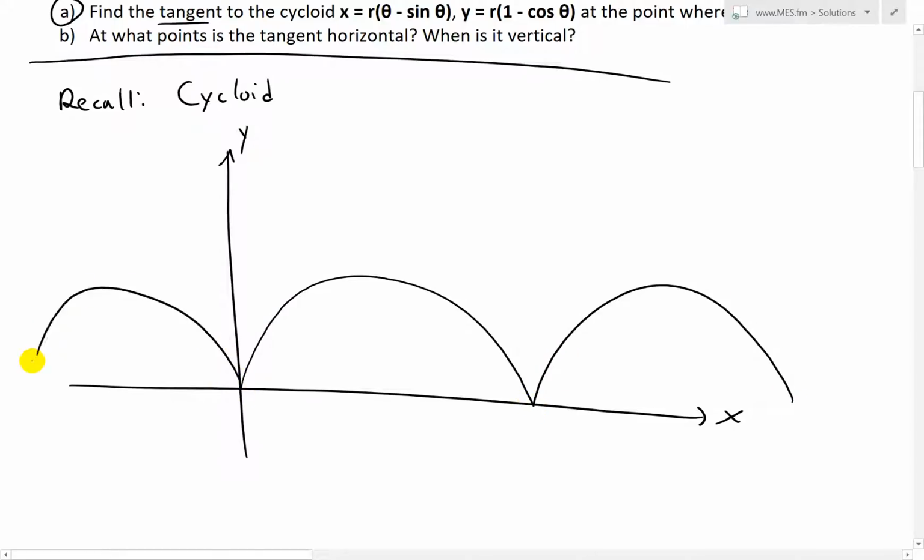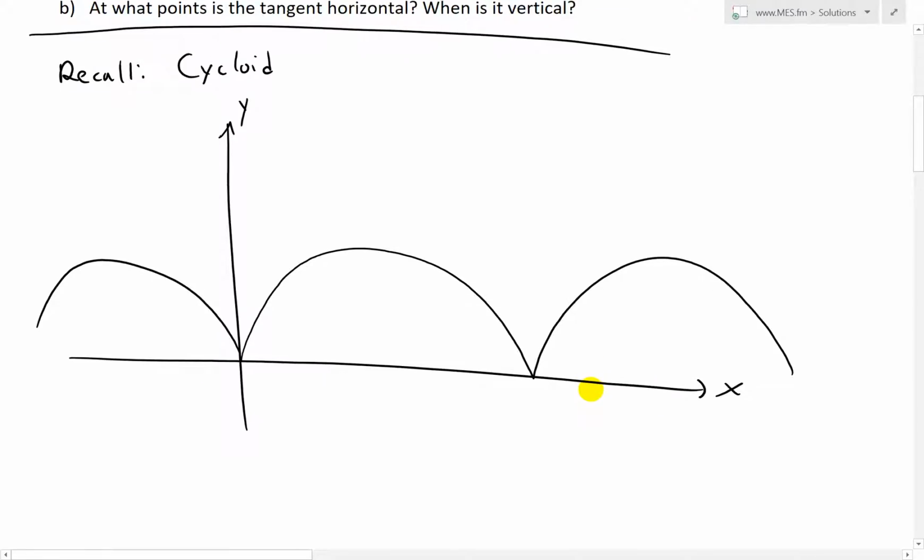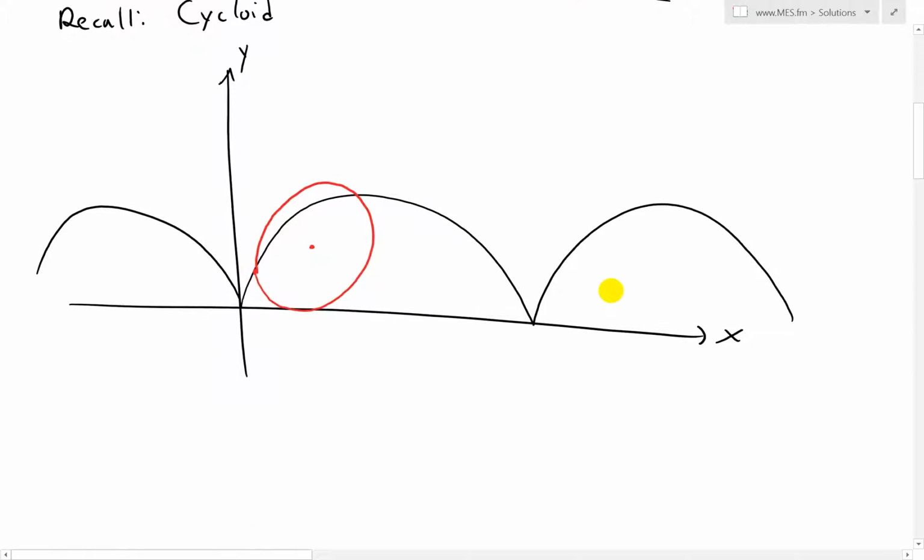You can go backwards as well. The cycloid is formed by rotating a circle and tracing a point on the end of the circle. For example, let's say we have the radius, the full one is like this. I'm going to draw a circle like this across.